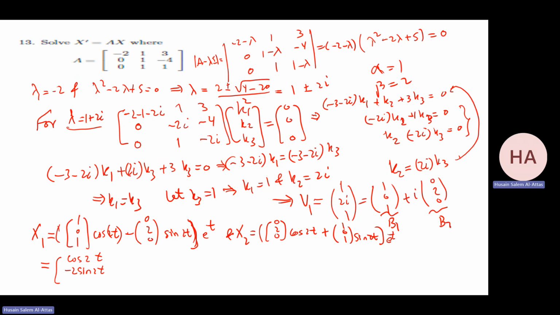Okay, and cosine 2t. That is x1, and this is x1. X2 will be what? Sine 2t, 2 cosine 2t, sine 2t.